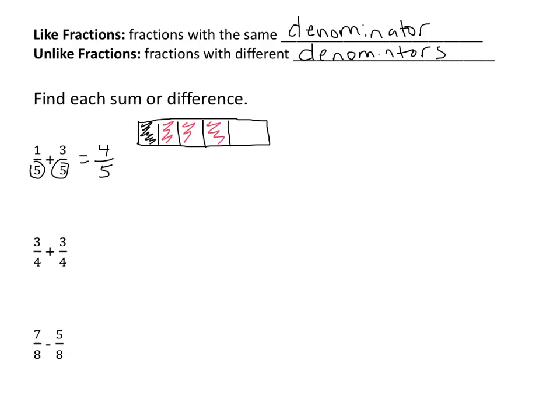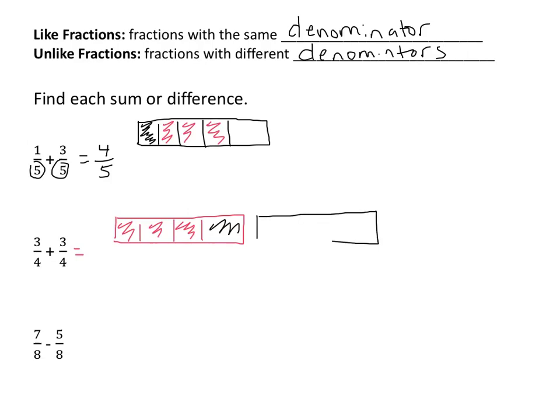Alright, what about 3/4 plus 3/4? Here's my first diagram. So I have 3/4 of it colored. Now the problem is when I go to add the next 3/4, I have 1/4 here.